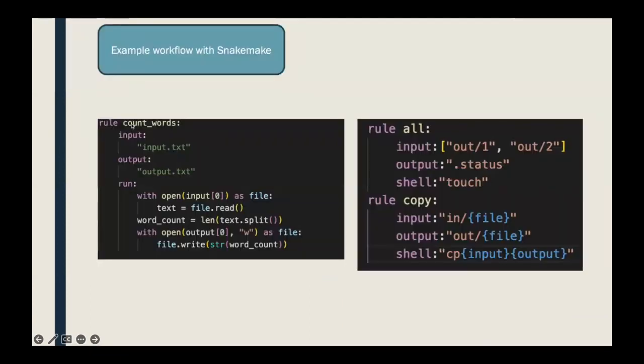As you can see in the first image, I wrote a small program, basically a Python script. This program takes an input text file and counts how many words are in this text file, and then writes the result to an output file. So as you can see, it's easy to read, I hope.